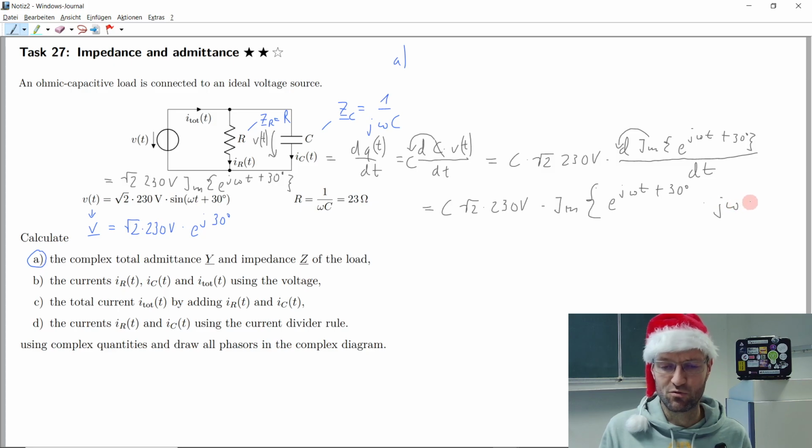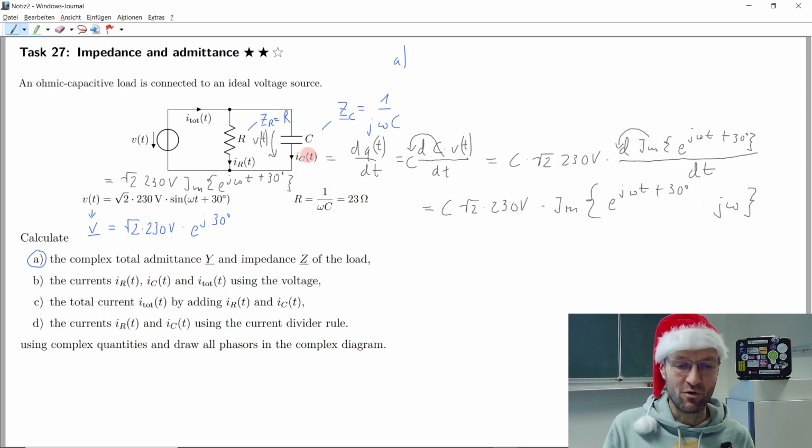Please don't call it w, it's an omega. It's a small Greek letter omega, very shy and lonely, and it does not want to be confused with some W. Okay, yeah, that's more or less it.